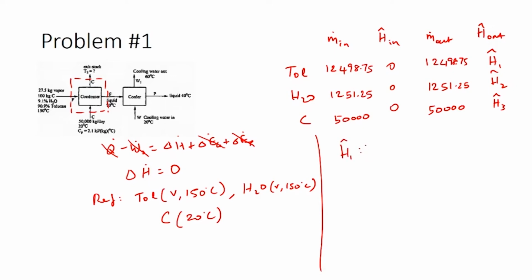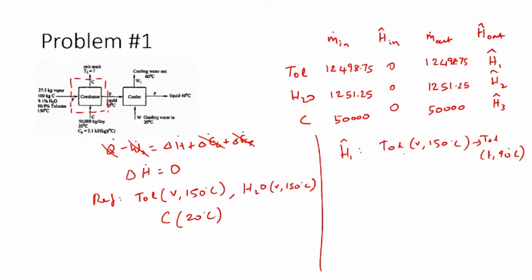H1 cap is nothing but toluene vapor at 150 degrees Celsius, which is the reference state, forming the exit condition which is toluene liquid at 90 degrees Celsius.